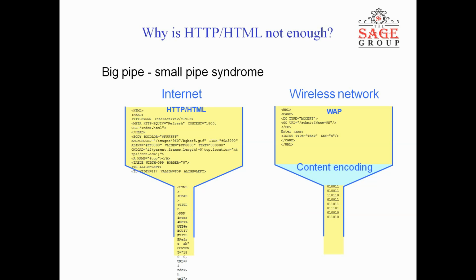Why are HTML and HTTP used? This diagram clearly shows that wireless networks use content encoding. It sends the data with the help of binary encoding. So the big pipe, small pipe syndrome uses that.